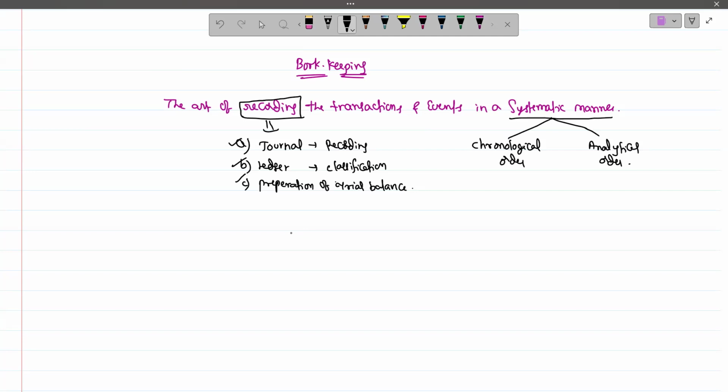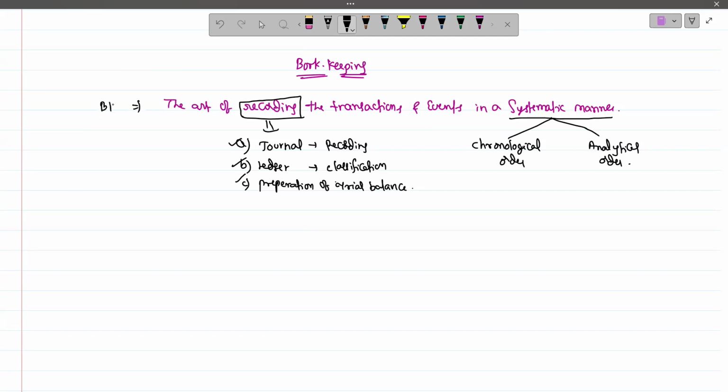In case of analytical order, we analyze the transactions recorded in the journal, so similar transactions are combined together and put in one place to know the impact of all transactions relating to a particular item. That's why we call it analytical order. This is what is meant by bookkeeping.